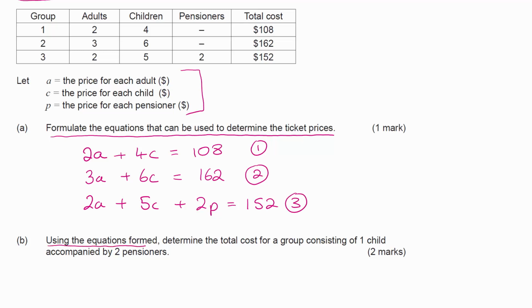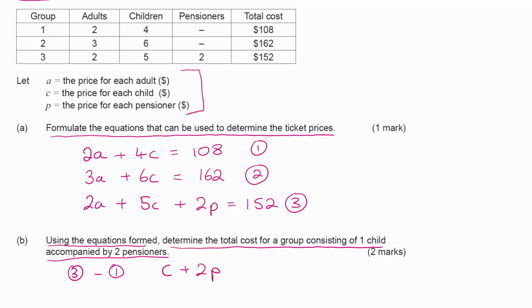Using the equations formed, determine the total cost for a group consisting of 1 child accompanied by 2 pensioners. If we just do equation 3, take away equation 1, 2A take away 2A is 0, 5C take away 4C is C, and 2P take away no P's is of course 2P.